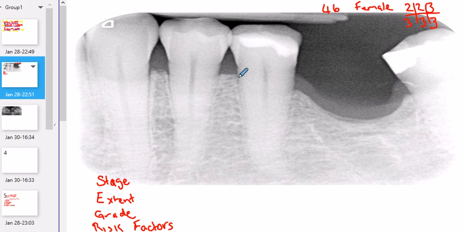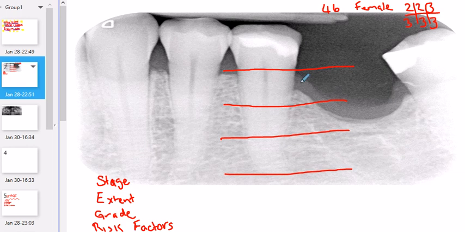If I put where my bone level should be, the first third of the root is the coronal third, then the mid third, and this is the apical third.